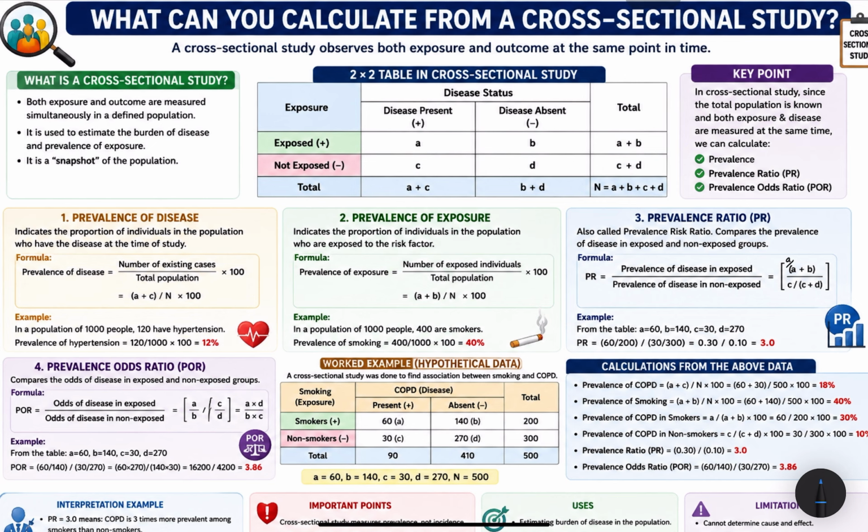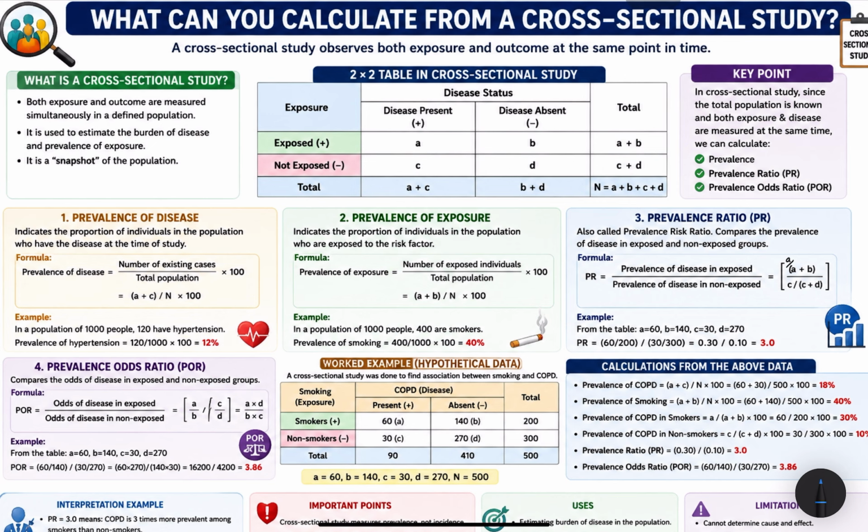Now prevalence ratio. What is prevalence ratio? It is also called prevalence risk ratio. It compares the prevalence of disease in exposed and non-exposed group. Okay, so here we are comparing the prevalence in exposed and non-exposed. So prevalence in exposed upon prevalence in non-exposed.